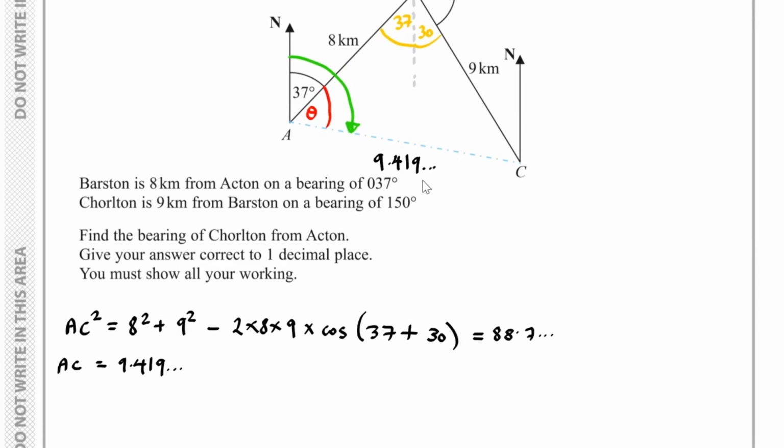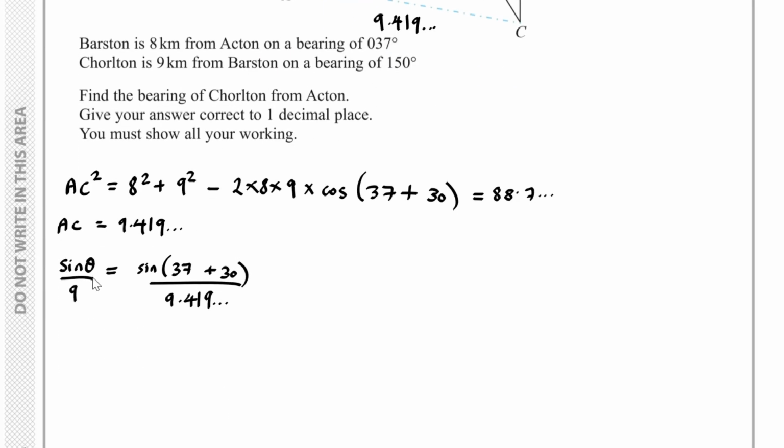So therefore, using the sine rule, we have the sine of theta over 9, and this is equal to the sine of 37 plus 30 over this 9.419, etc. So we can rearrange for sine theta.